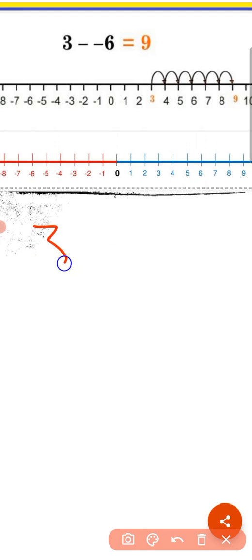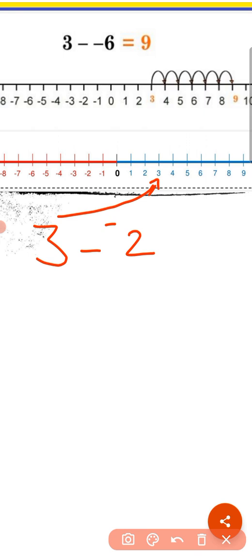Here we are subtracting a negative number, negative integer. To subtract a negative number or negative integer, move right side. So first locate the first number, that is 3. Locate means find its position.